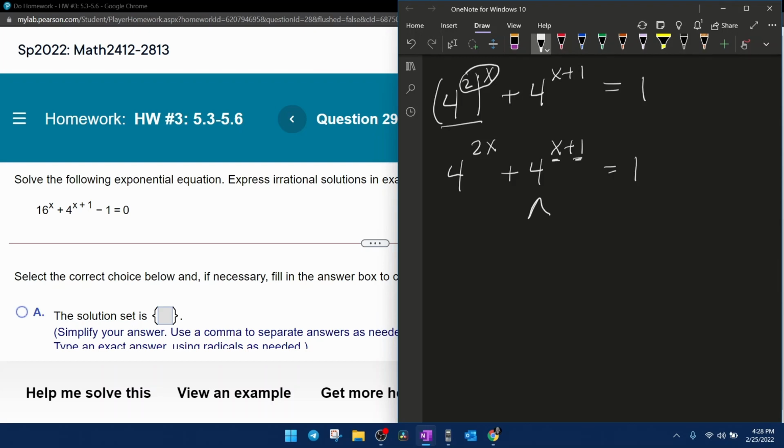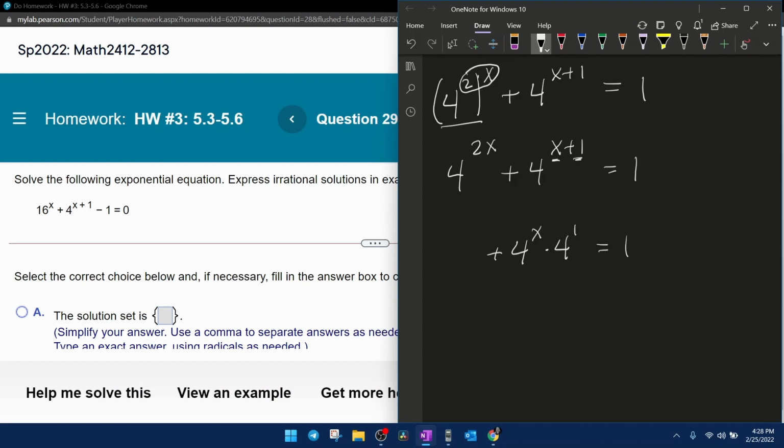Okay, so breaking this guy down, that would be 4 to the x times 4 to the 1, which is just 4, equals 1. And you see, if I try to go backwards, I have the same base, so I would add their powers, giving me 4 to the x plus 1. So I feel good about this step. Not that I'm sure it's the right step, I just know that this is a valid step.